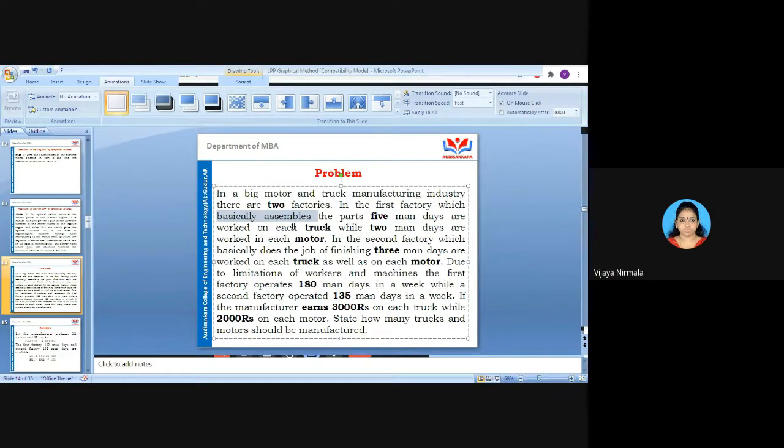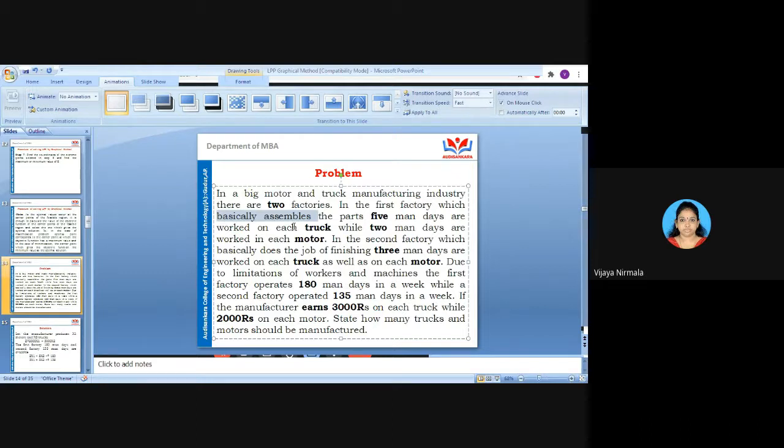So there are some limitations of workers. Because there are few workers or few machines in the factory, the first factory operates only 180 man days in a week, whereas the second factory operates 135 man days in a week. So if the manufacturer tries to earn 3,000 rupees on each truck and 2,000 rupees on each motor, state how many trucks and motors should be manufactured.